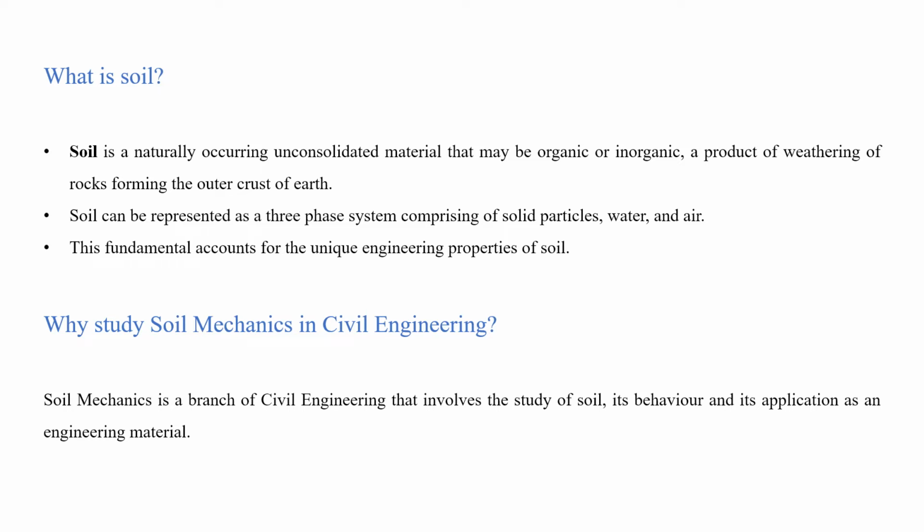Thus, a soil in its natural state may be considered as a three-phase system. The different gravimetric or volumetric composition of these solid particles, water and air gives rise to the different engineering properties of soil. We will learn about this more as we go ahead in this lecture series.